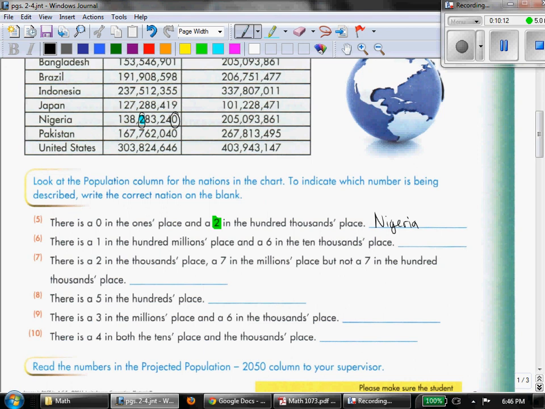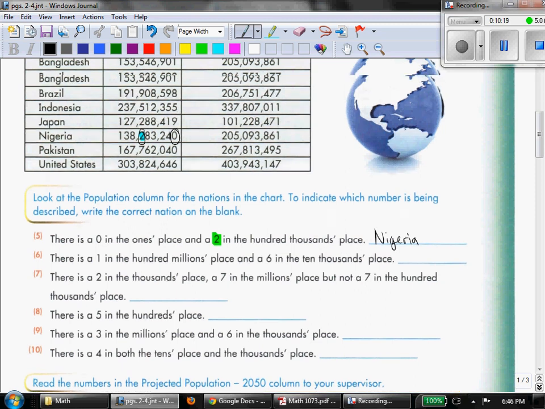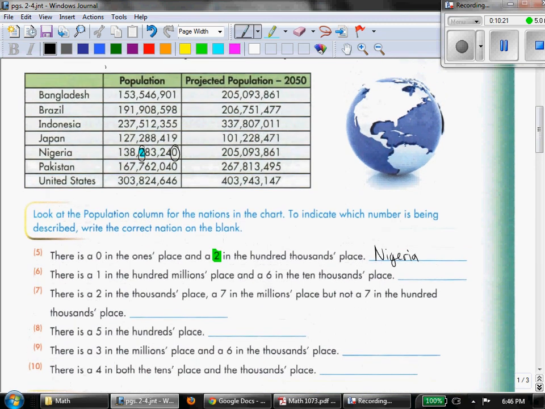Okay. There's a 1 in the 100 millionth place and a 6 in the 10,000th place. First, we got to find which was the 100 millionth place, right? And if you don't remember, then just go back and look at your place value chart at the top of the page. Don't expect me to tell you, that's being lazy.